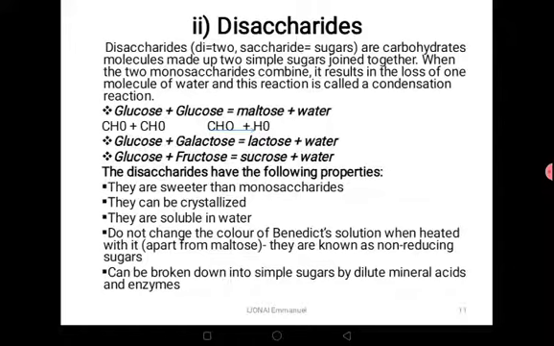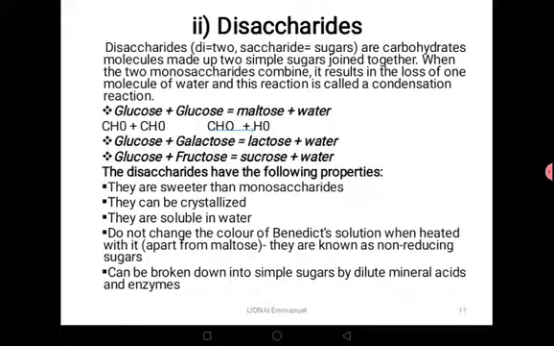Glucose and galactose, we form lactose. Yes, we form lactose, which is a disaccharide. Then if we combine glucose and fructose, what would we form? We form sucrose. And sucrose is the common sugar that we take at home, the table sugar, and it is a disaccharide. So that's great.